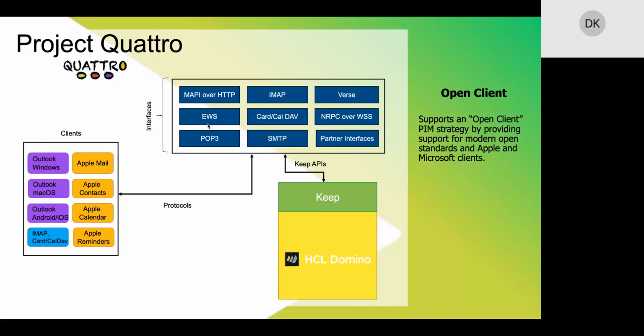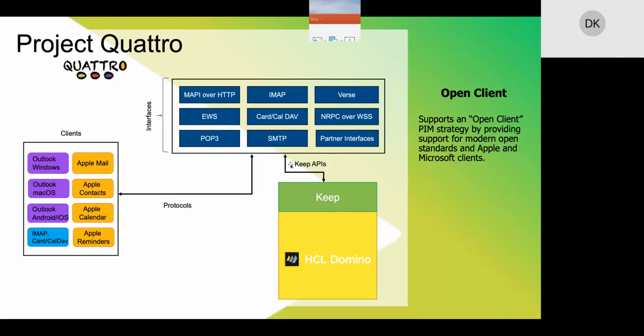If we want to use Outlook on Windows, we have the middleware layer that talks MAPI over HTTP, so that we can support that environment. It's also opened up with the Keep APIs. Even third-party vendors could come in and write their own middleware piece and allow their client, very specific to their business, to talk to Domino through the backend.